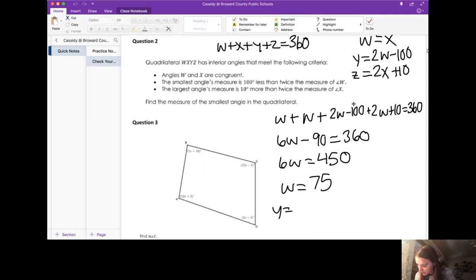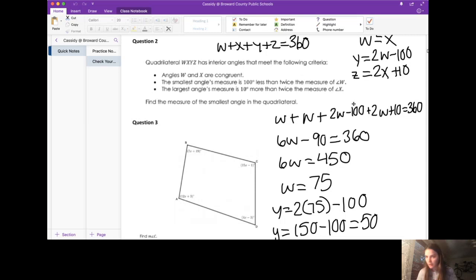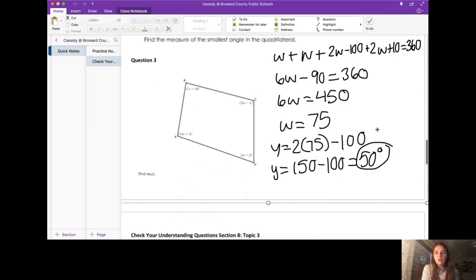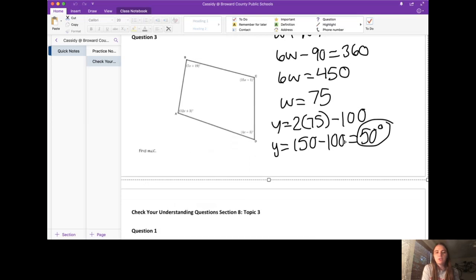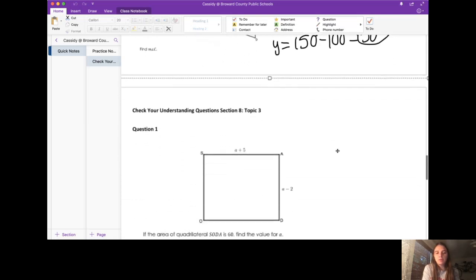Y equals 2 times 75 minus 100. 2 times 75 is 150, minus 100 equals 50. So our smallest angle is 50 degrees. If you have any questions on that, make sure you put it in the comments.